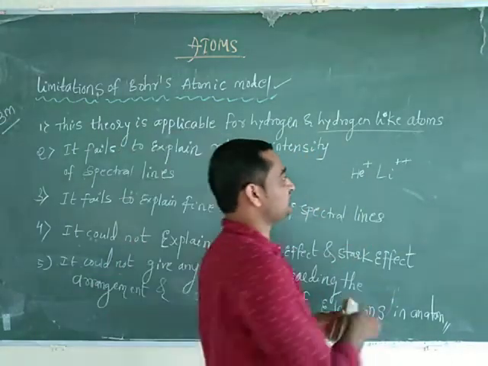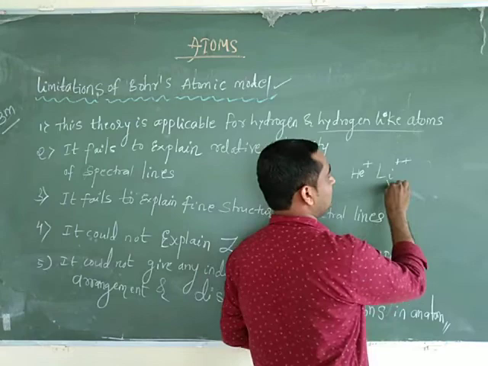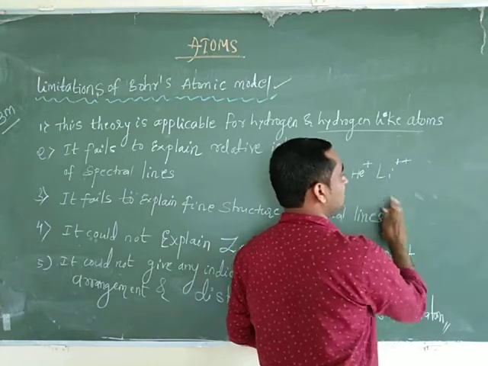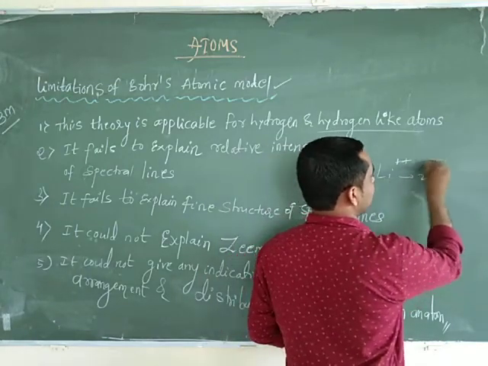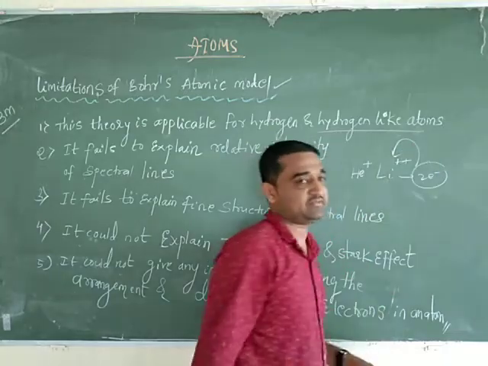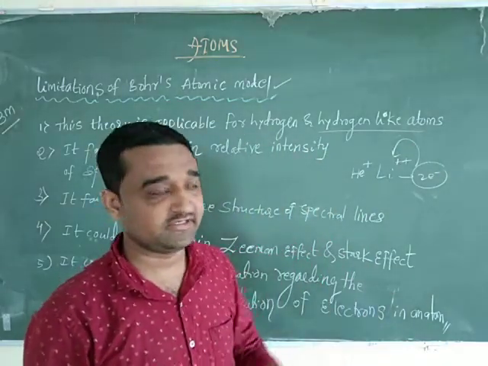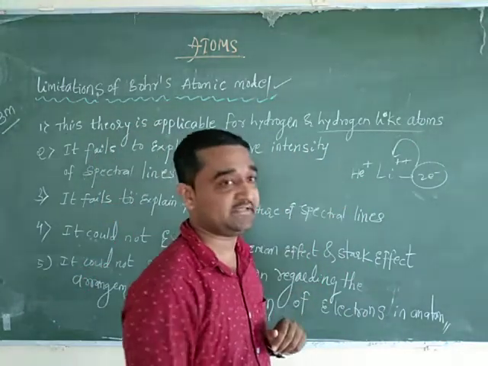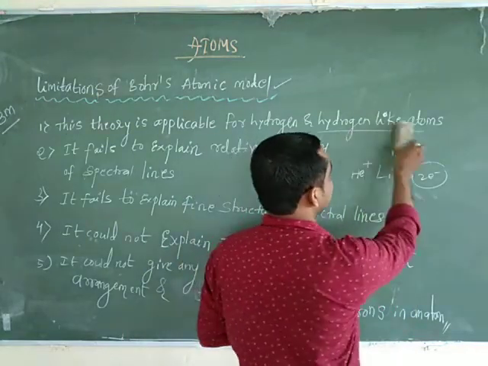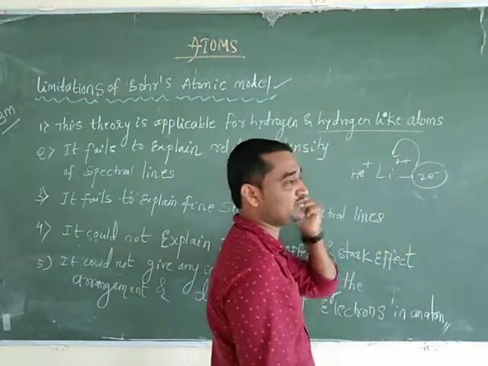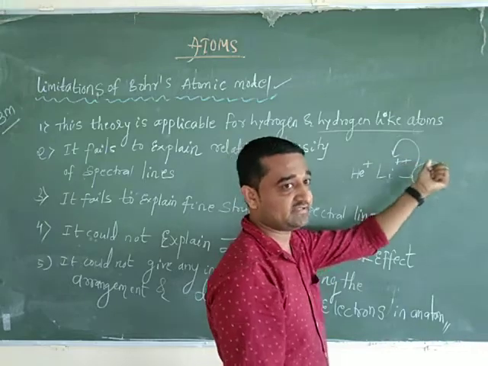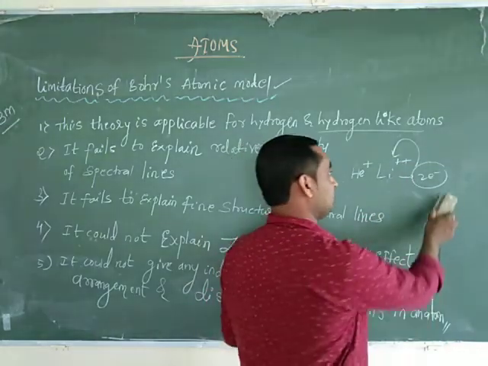The atomic number of lithium is 3, right? Now if you remove 2 electrons, it becomes lithium plus plus. Doubly ionized lithium, singly ionized helium: so these are hydrogen-like atoms. So helium plus is also hydrogen-like. Lithium plus plus is also a hydrogen-like atom.